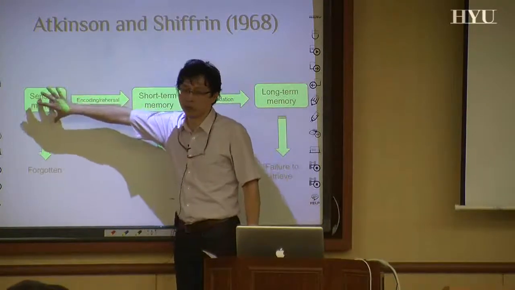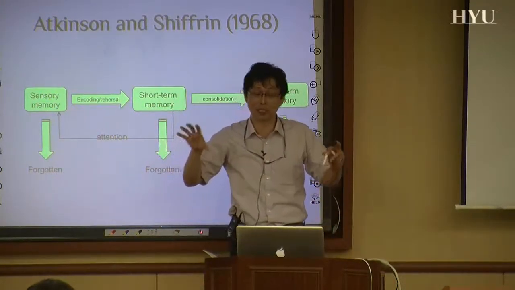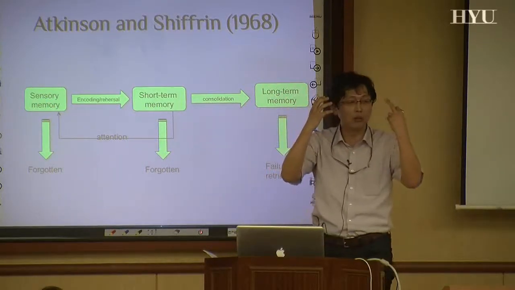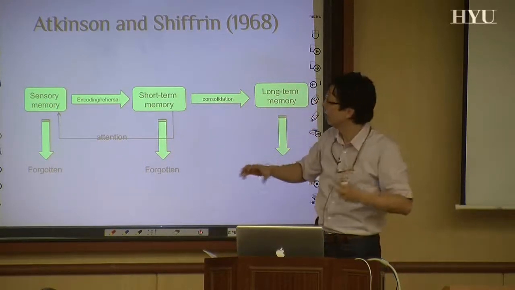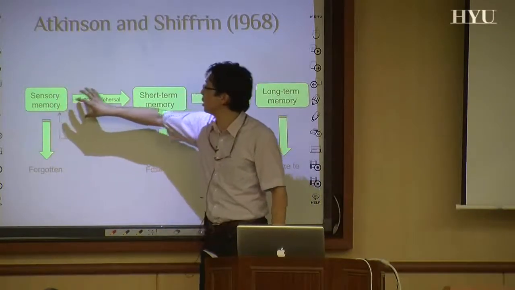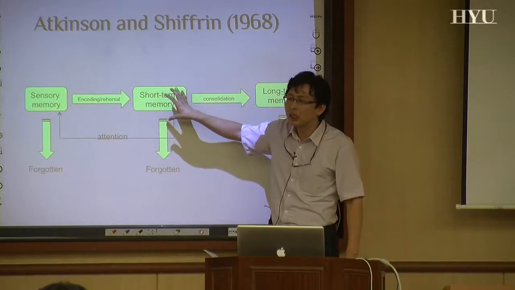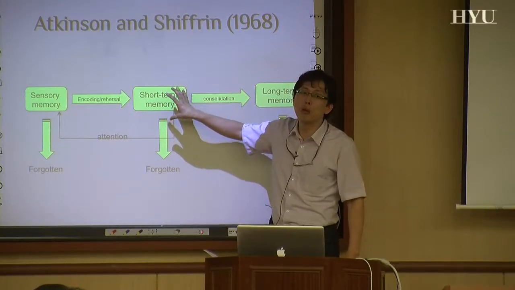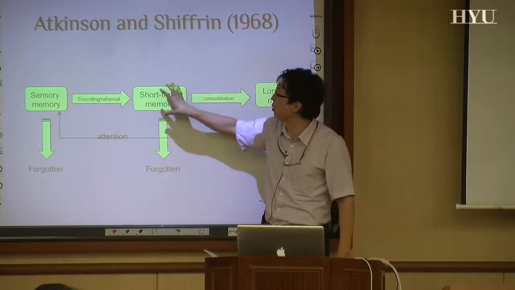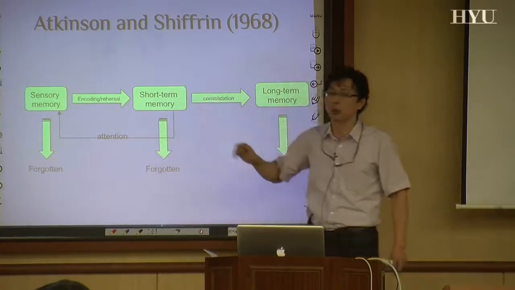Probably we have sensory memory, visual and auditory. And then that goes into short-term memory, which is very similar to what? James' primary memory. James' primary memory is talking about short-term memory.